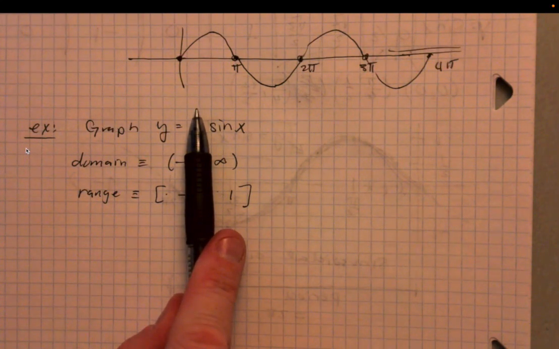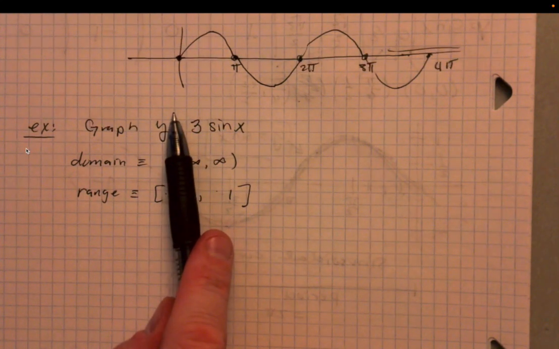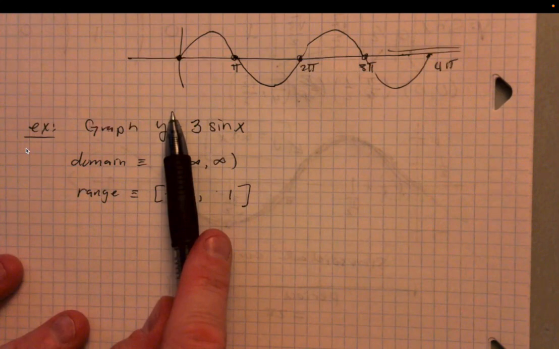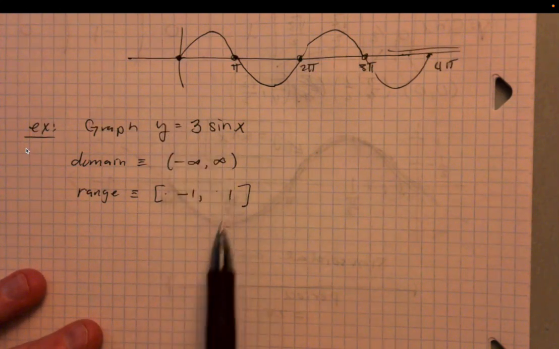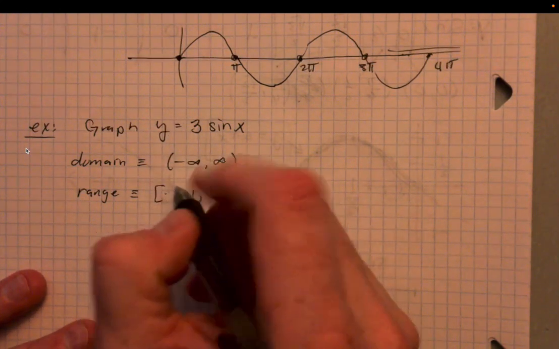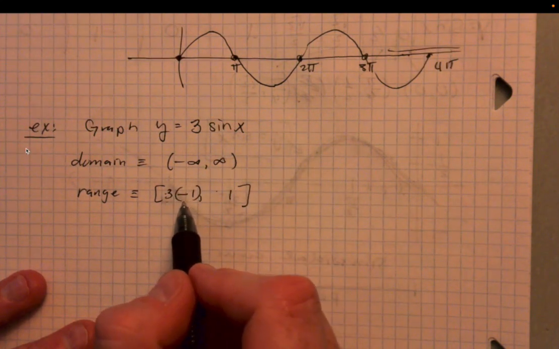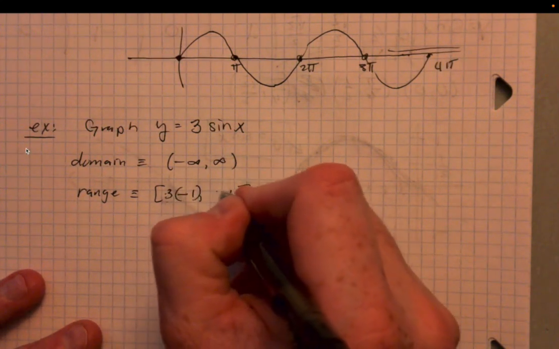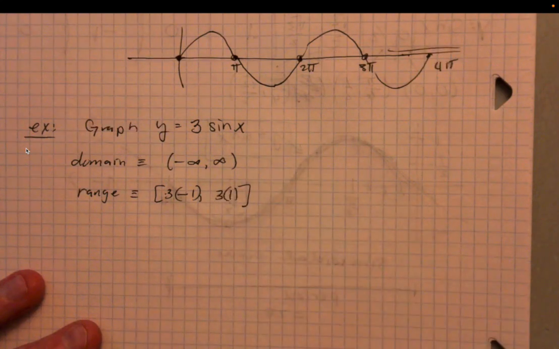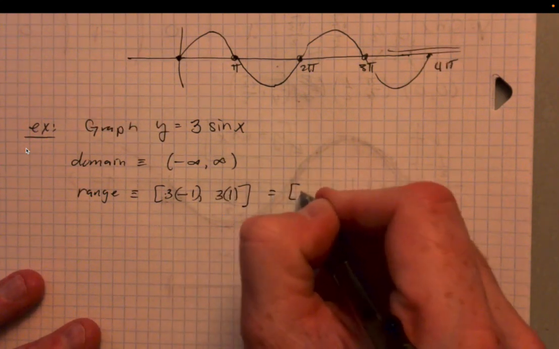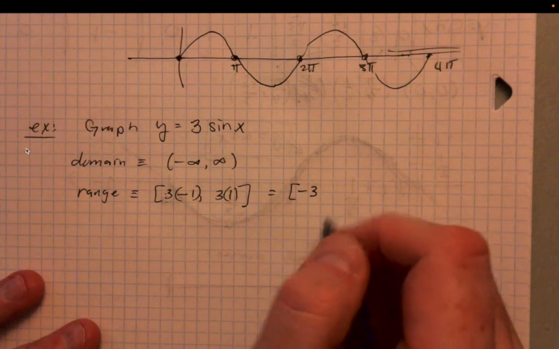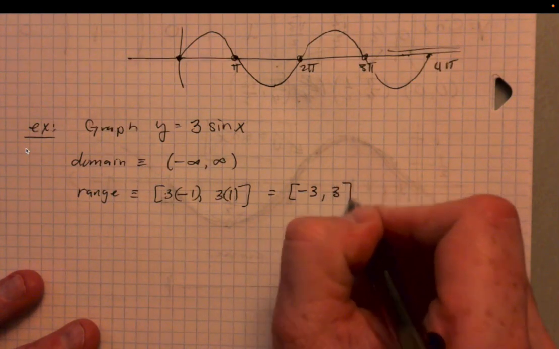But what's going to happen here is that whatever sine of x is equal to, it's going to get multiplied by 3. So that means it bottoms out now, instead of at -1, it's going to bottom out at 3 times -1. And it's going to top out at 3 times +1. Right? So that means the range is now changed to -3 up to 3.